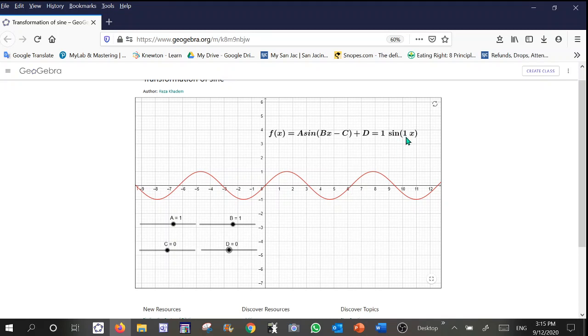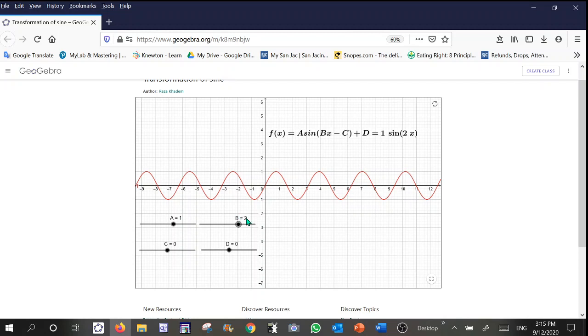See that? Now, if I make B bigger, let's say I make it 2. Now, notice this is 6.28, right? So now in 2 pi, there are 2 cycles. 1, 2. 2 cycles up to 6.28.